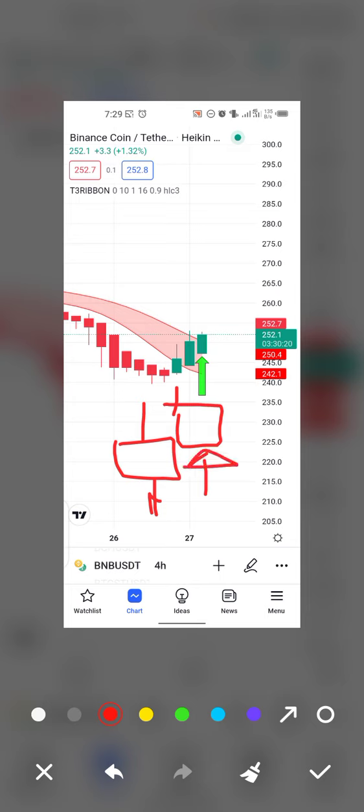So this T3 ribbon indicator shows us when to enter the market. So you see, if we had visited our application first, we would have entered from here.